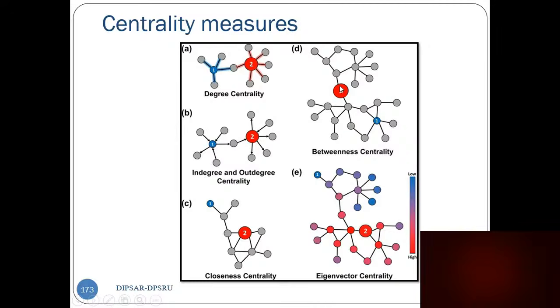But for betweenness centrality, you can see the second node. What is the degree of the second node in the second graph?